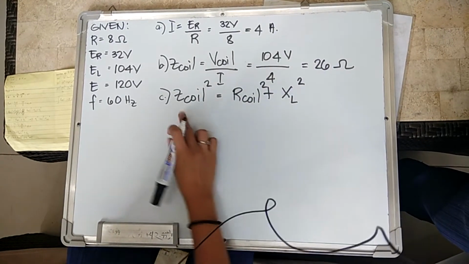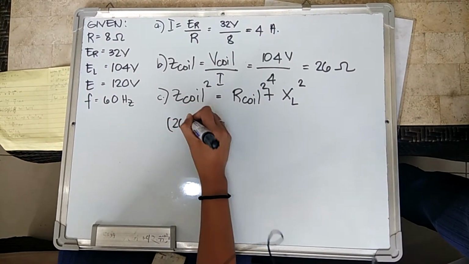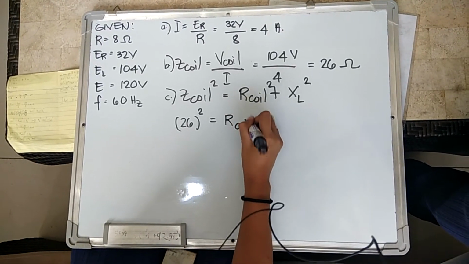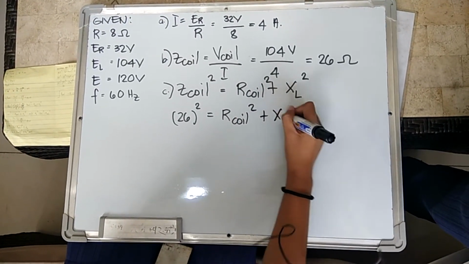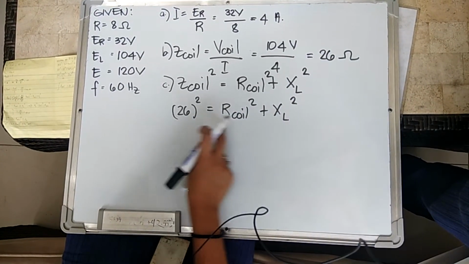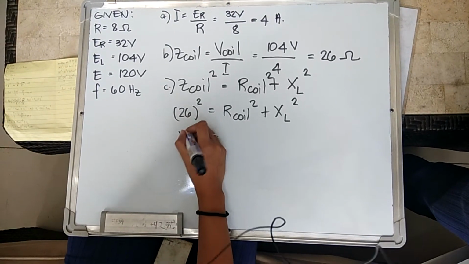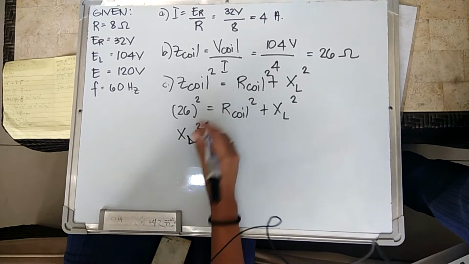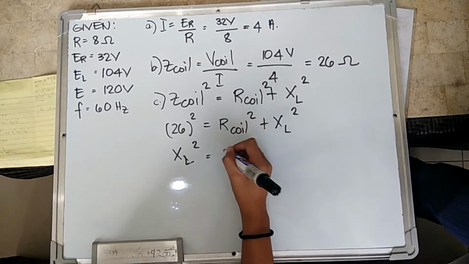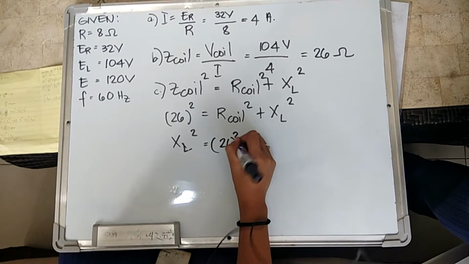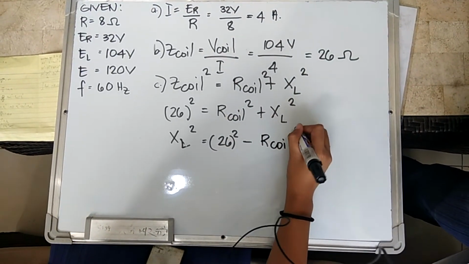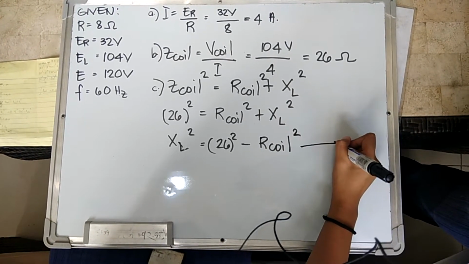Substitute 26 ohms to Z coil, so 26 squared is equal to R coil squared plus XL squared. Therefore, transpose this to here, so XL squared is equal to 26 squared minus R coil squared. This is our equation 1.